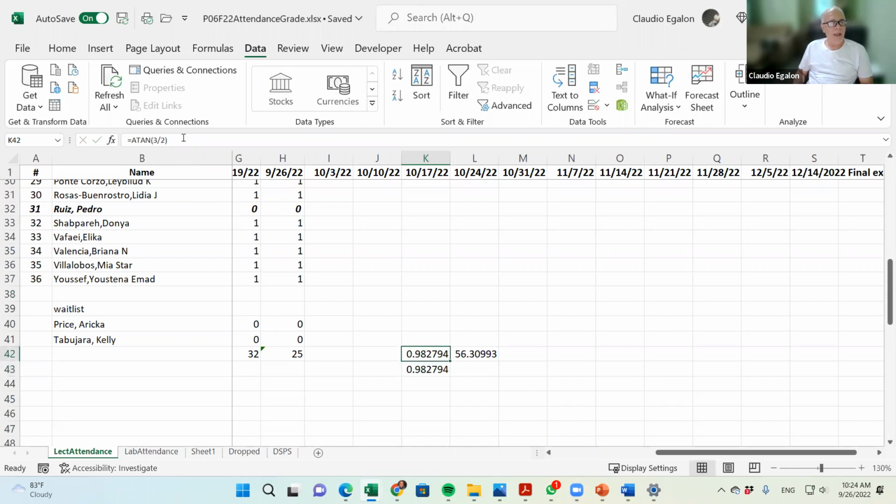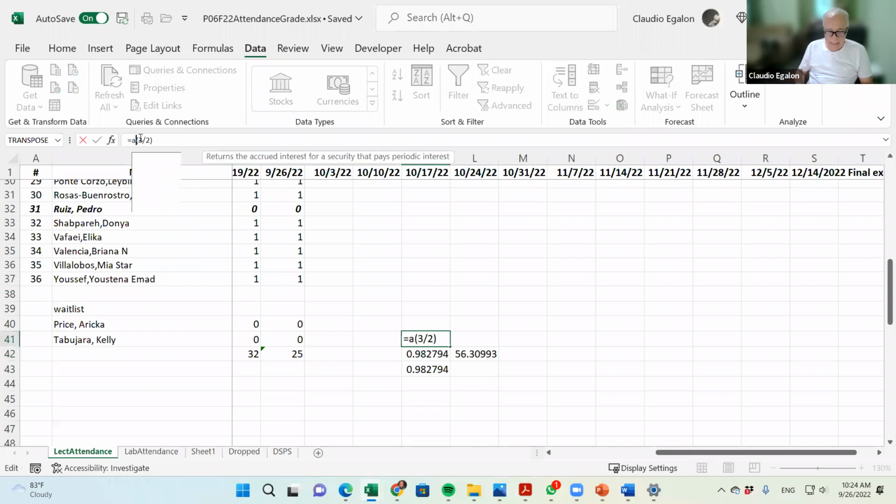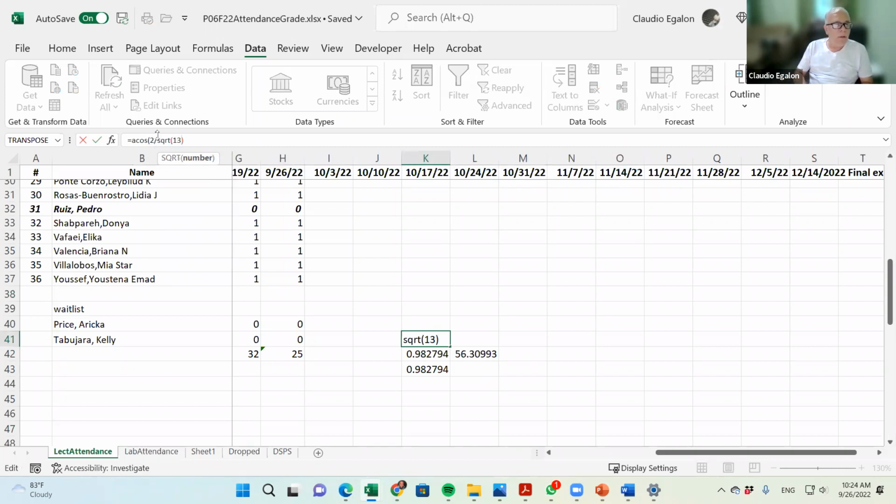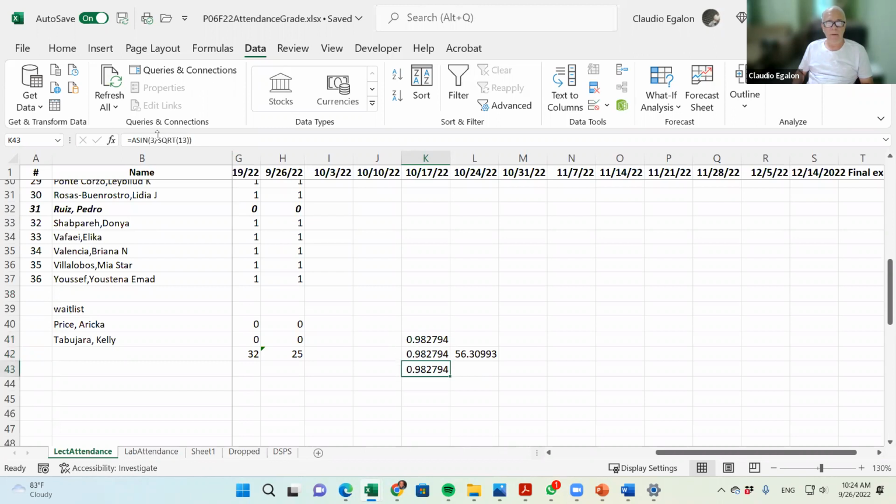We did it for sine, we did it for tangent, we can do it for cosine as well. Either way, I'm gonna put now a cosine. Instead of 3, I put 2, and instead of 2 it's square root of 13. Let's see what we get. We're supposed to get the same degrees in radians. So it's 56 degrees.